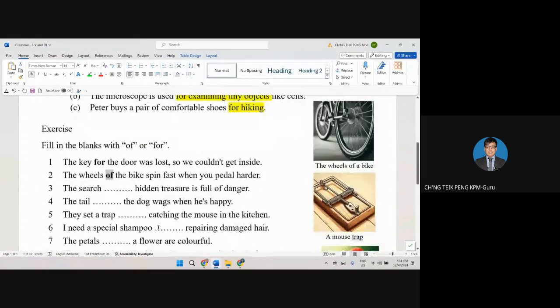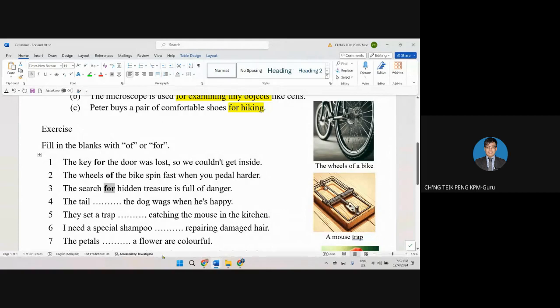Okay, now number three, Whaley. The search for hidden treasure is full of danger. Yes, the search for hidden treasure is full of danger.